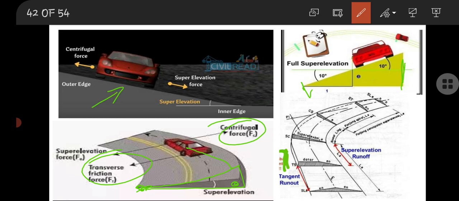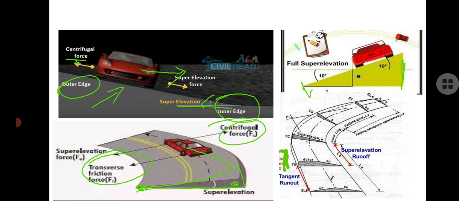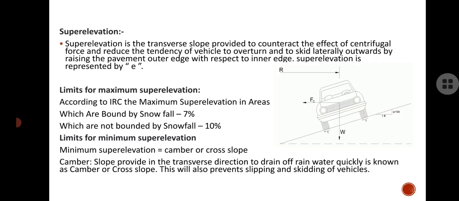Here is the mechanics. The outer edge with respect to the inner edge, here is the angle of super elevation, and here is the centrifugal force which is acting on the vehicle. Here is the centripetal force, that is the super elevation force. Next, what is its limit?